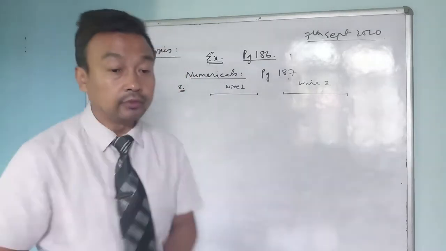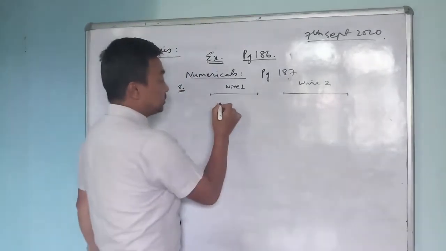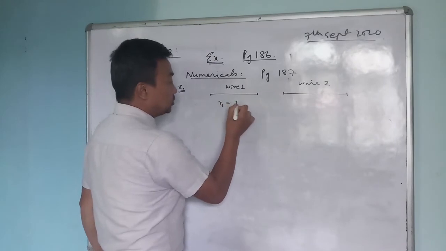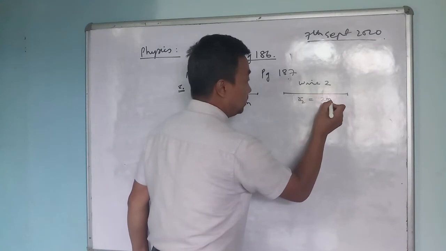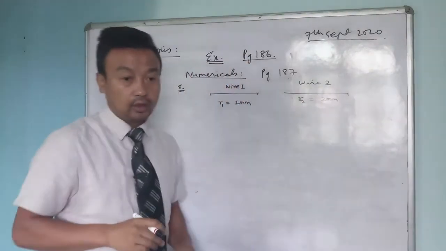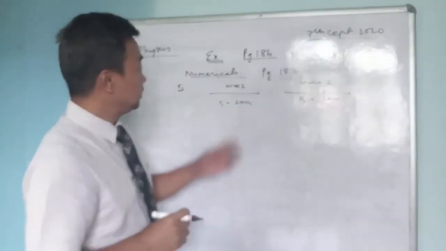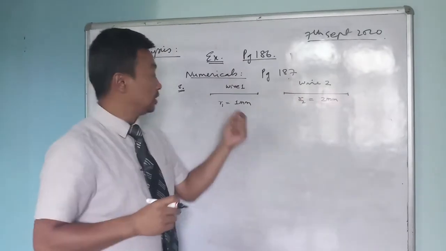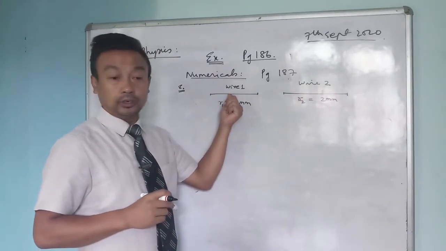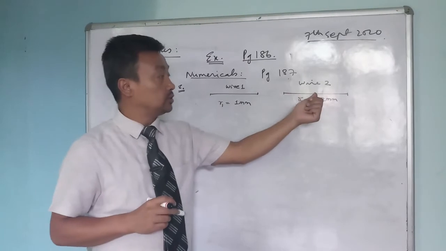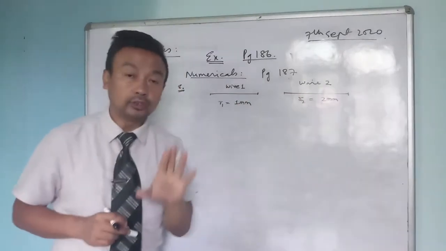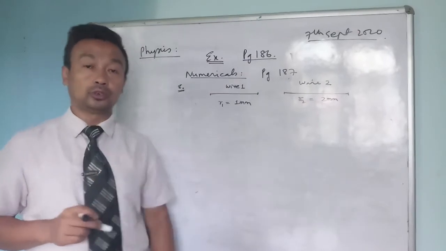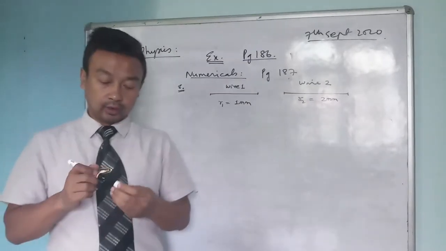So they have different radii. Suppose radius 1 is 1 millimeter and radius 2 is 2 millimeter. You have to compare their resistances. Now this is a thin wire, so obviously it will have more resistance. This is a thick wire, so it will have less resistance, because we know that resistance is inversely proportional to the area of cross section.